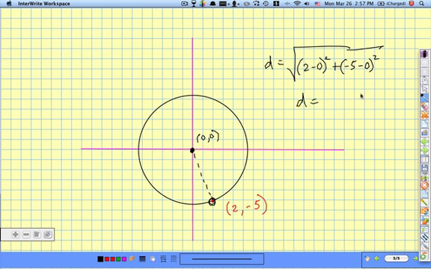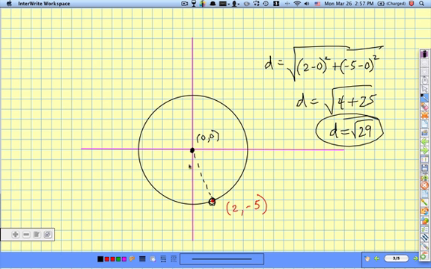So we get the distance is equal to square root of 2 squared, which is 4, plus -5 squared, which is 25. Distance is equal to square root of 29. So there you go.